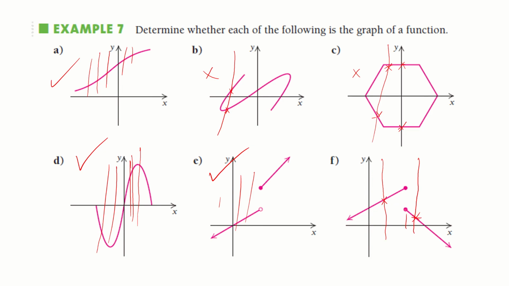But if we draw a vertical line here, it is crossing the graph at this point and at this point. In this case, we have a simple hole, where this is a bullet point. So the function value at this point is this one, not this one. So it is a graph of a function, whereas in this graph, at this point, the function will have two values, this one and this one. So for one value of x, we have two values of y. So it is not a graph of a function.